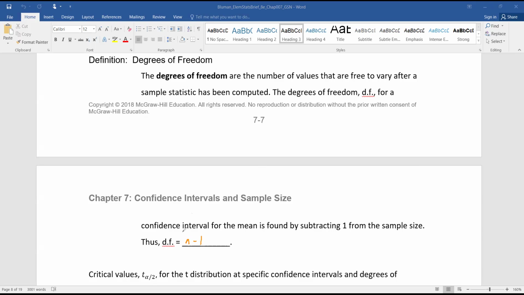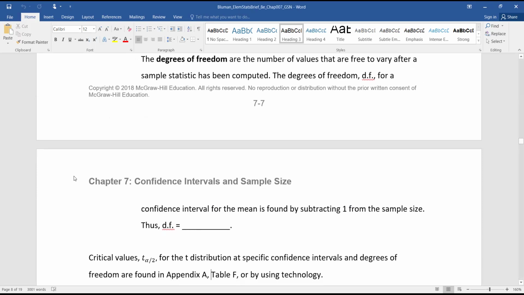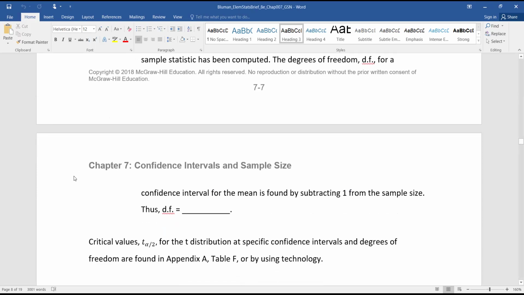You take whatever the sample size is and subtract 1. You need the degrees of freedom because then you take the critical values t alpha divided by 2 for the t distribution at a specific confidence level, and degrees of freedom are found on Appendix A, Table F.